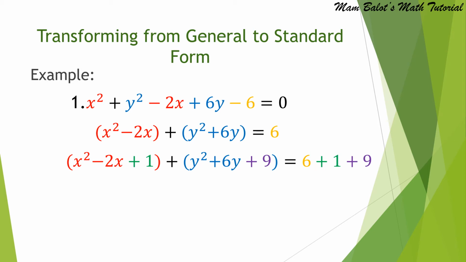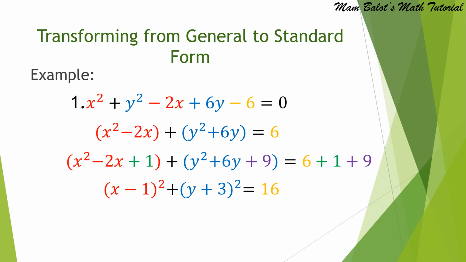And then the next step is to factor the perfect square trinomial. So x squared minus 2x plus 1 is now equal to x minus 1 squared, plus y squared plus 6y plus 9 can be factored as y plus 3 squared. And then 6 plus 1 plus 9 is equal to 16.